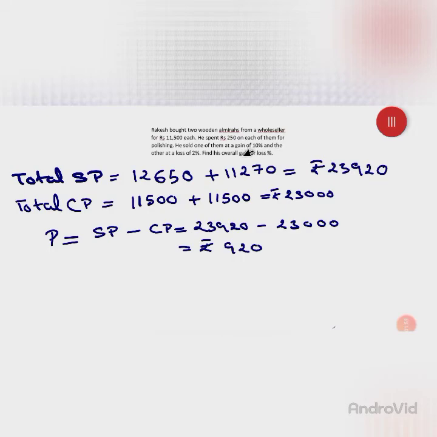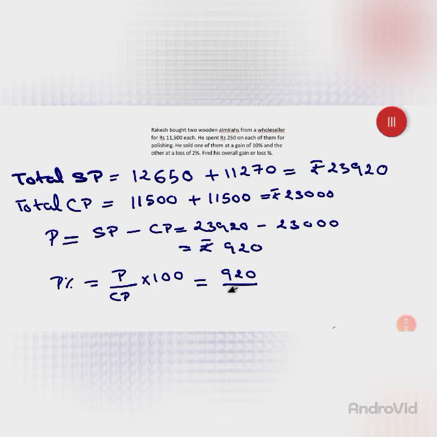So here in this case it is gain, so we find gain percent. Okay. So gain percent will be profit by cost price into 100. Now we put the value, okay, 920 divided by 23,000 into 100. So our profit percent will be 4%.